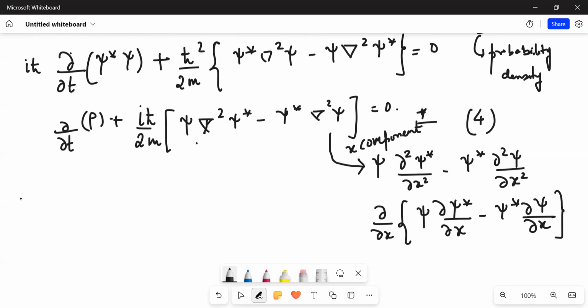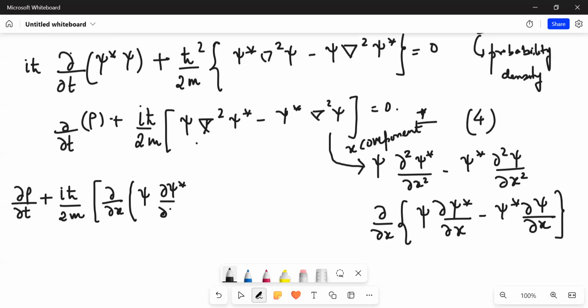So if I want to write it in 3 dimensions, I think this will be del rho upon del t plus iota h cut upon twice m, and then you have this. I'll write del by del x of psi star del psi upon del x, plus iota h cut upon twice m.